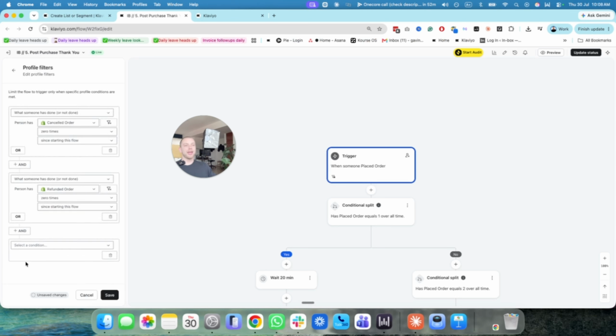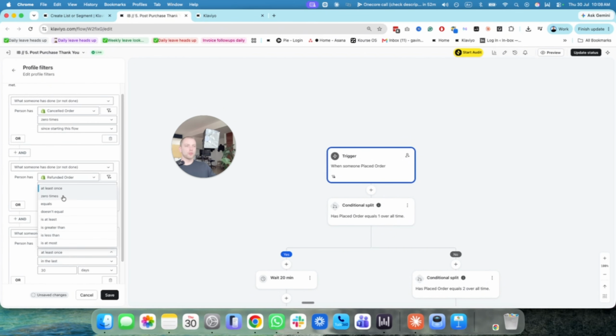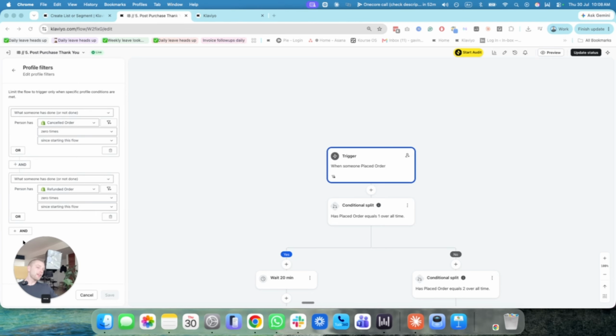Let me show you. Bounced email, 0 times in the last 30 days, right? And I'd add that filter there. And then we can lower our bounce rates by excluding people who are bouncing from receiving our messages. That's how I use the deliverability tab, okay?